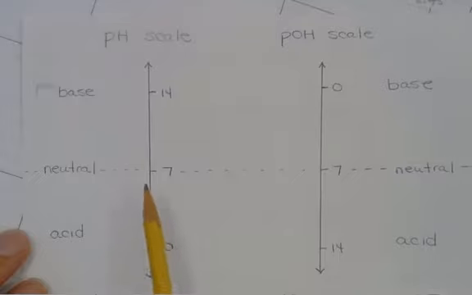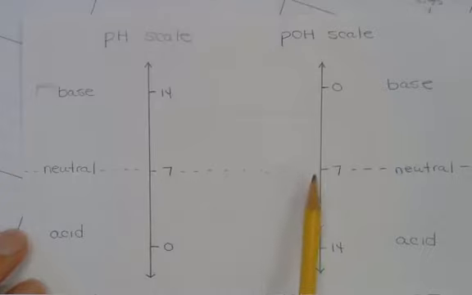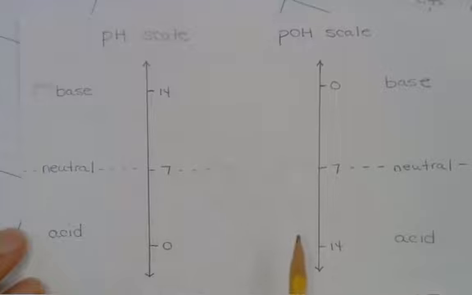So come over here and make this a pH of 6. This has a pOH of 8, because 6 plus 8 equals 14. So you can do that in every case.